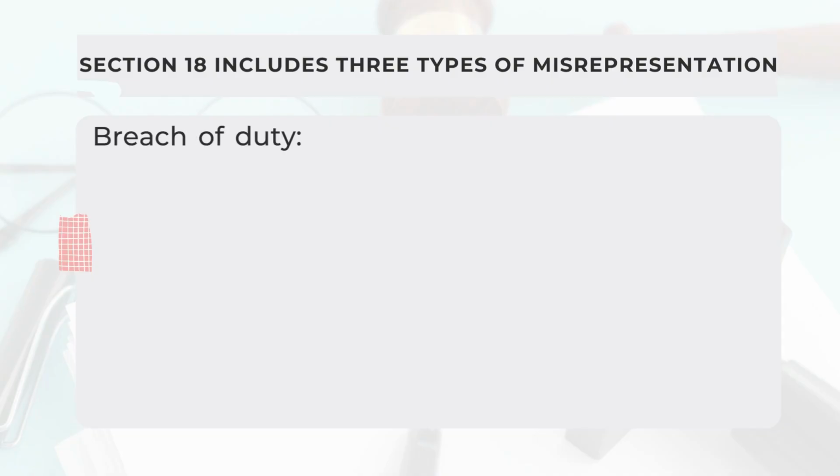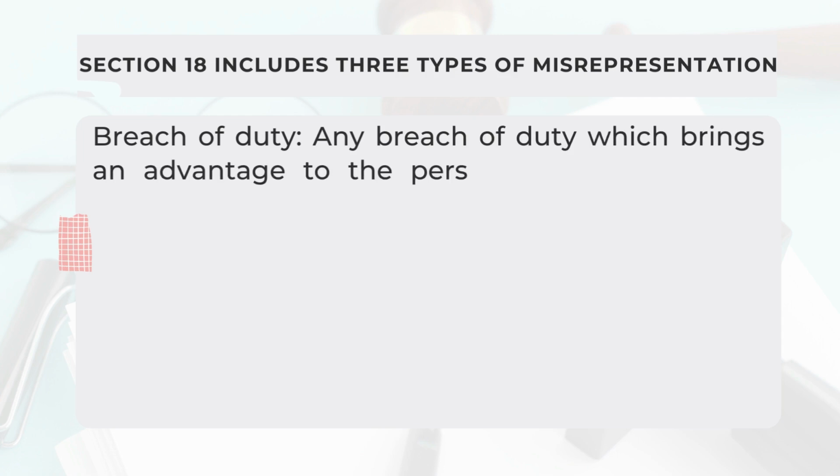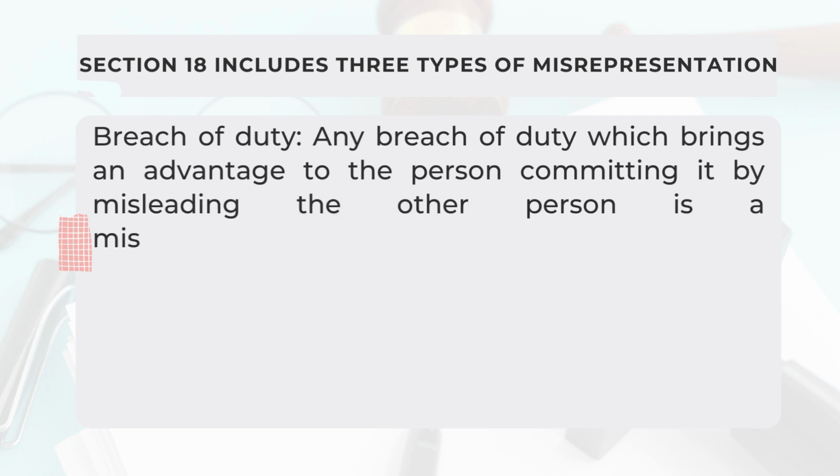Second is breach of duty. Breach of duty means breaking the duty, violating the rules, regulations, terms and conditions of the duty. Any breach of duty which brings an advantage to the person committing it by misleading the other person is a misrepresentation.